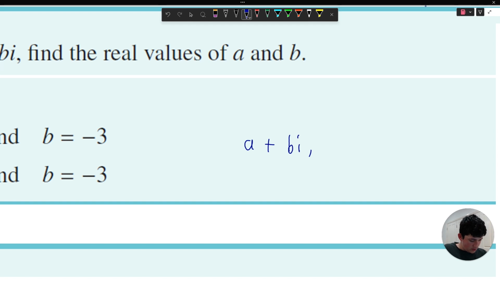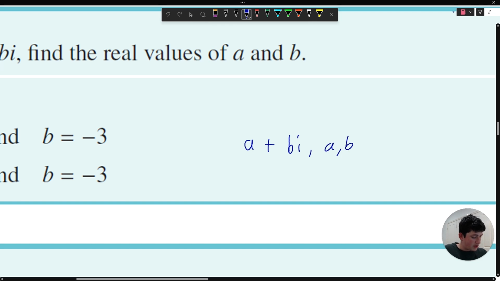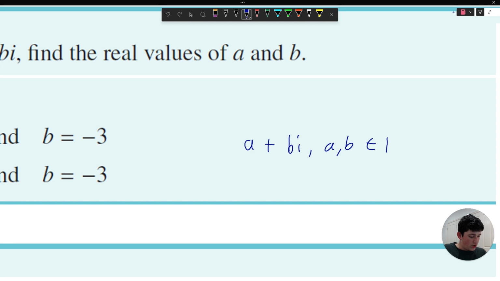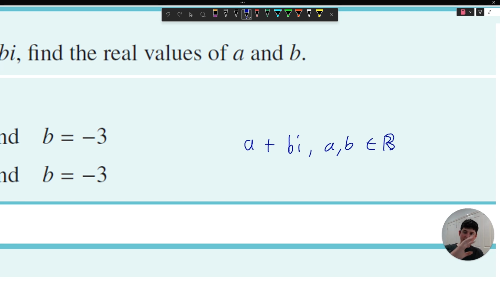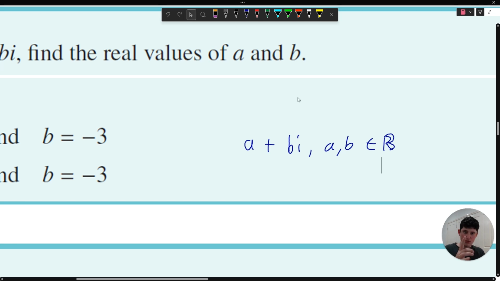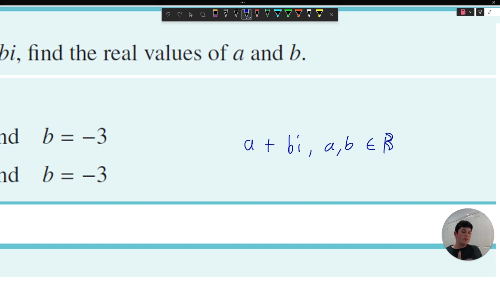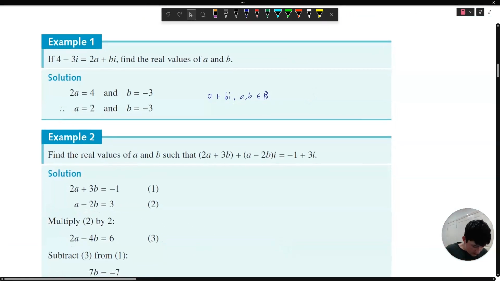However, a and b have to be an element of the real numbers. It's the weird bubbly R that you've learned. I know you have. And so a and b must be real. Otherwise this whole thing falls apart.